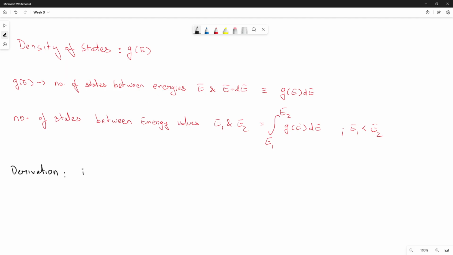Approach one is essentially using the k-space. This is what you would have seen in the last lecture of week 2 and the week 3 lectures. The k-space for a 1D, 2D, 3D system will be defined, and then you will try to find the volume occupied by a single state in the k-space, and then the derivation follows a lot of steps.